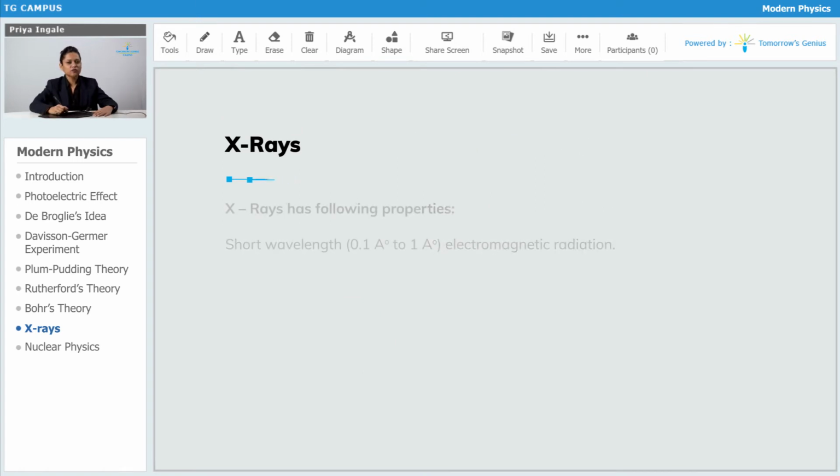Now let us see some of the properties of X-rays. Here's the first property, that it has very short wavelength of the order 0.1 angstrom to 1 angstrom, and of course we call it electromagnetic radiation.